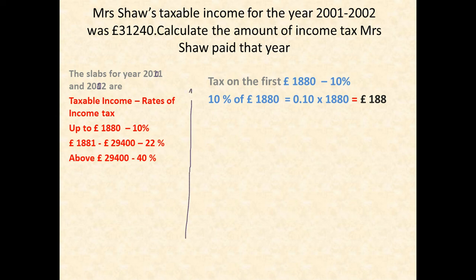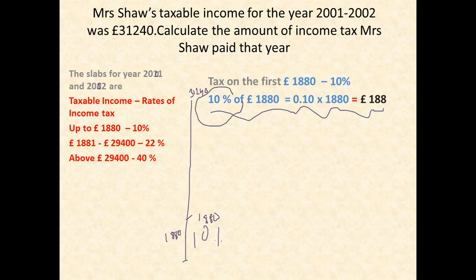Her total income is 31240, and up to 1880 pounds she pays 10%, and you can see here that it is counted as 188 pounds. 10% of 1880 is 0.1 times 1880, which is 188 pounds.